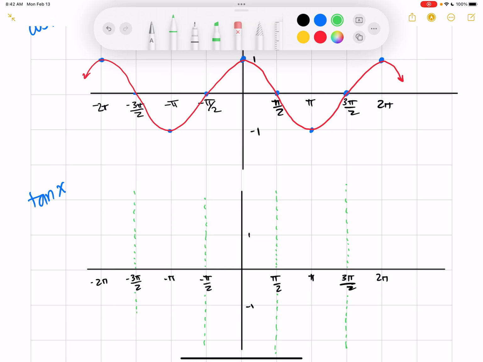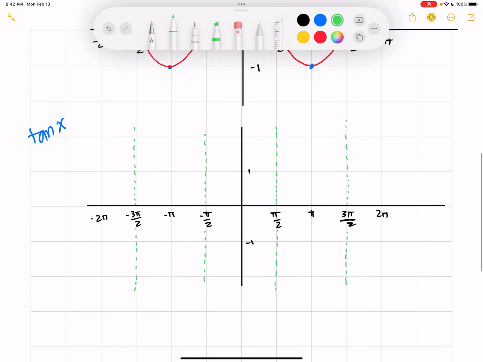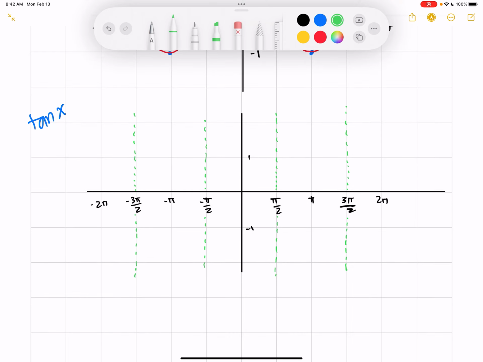So tangent is going to have an asymptote at all the pi over 2 values. The dotted lines represent asymptotes. Don't cross them. And all that means, like we said, is that it's undefined and doesn't exist there.